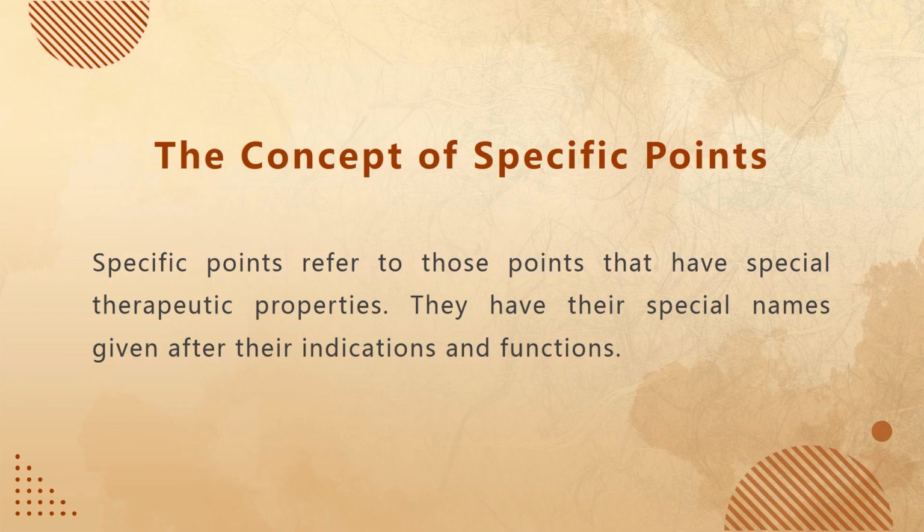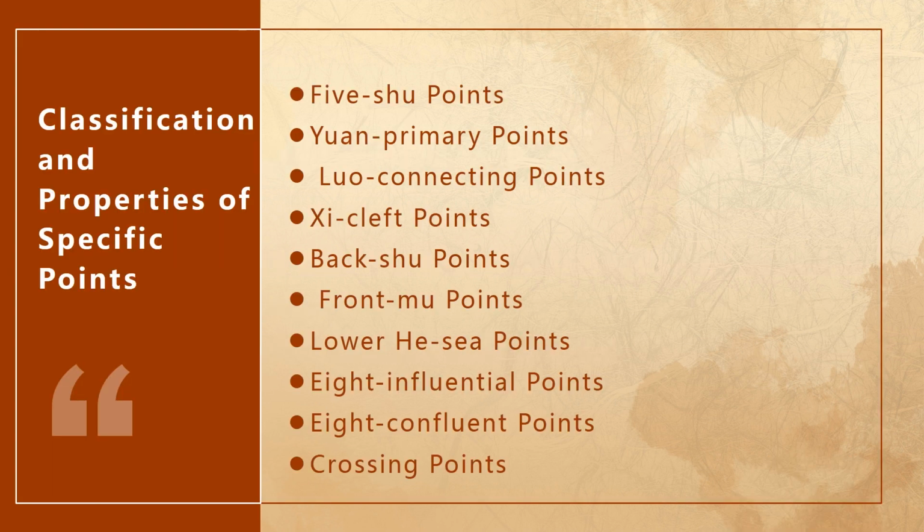First, we introduce the concept of the specific points. Specific points refer to those points that have special therapeutic properties. They have their special names given after their indications and functions.